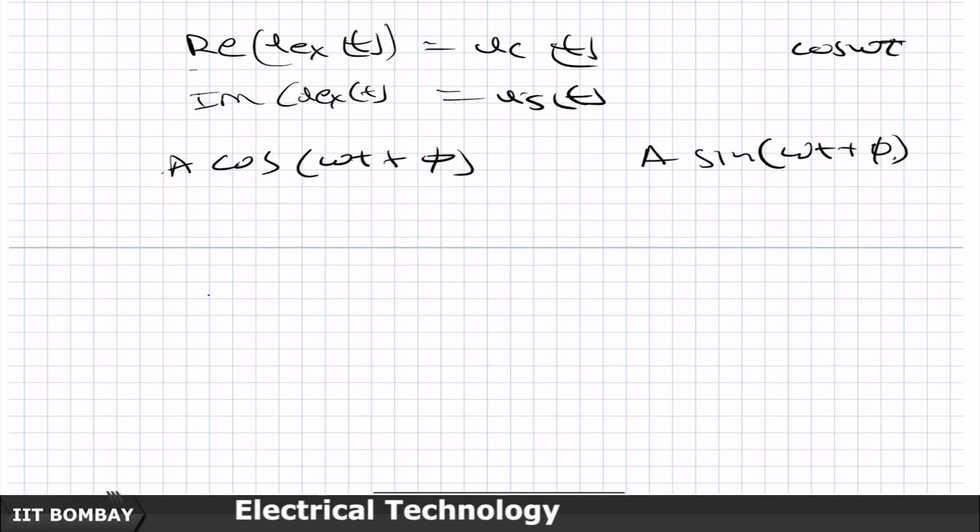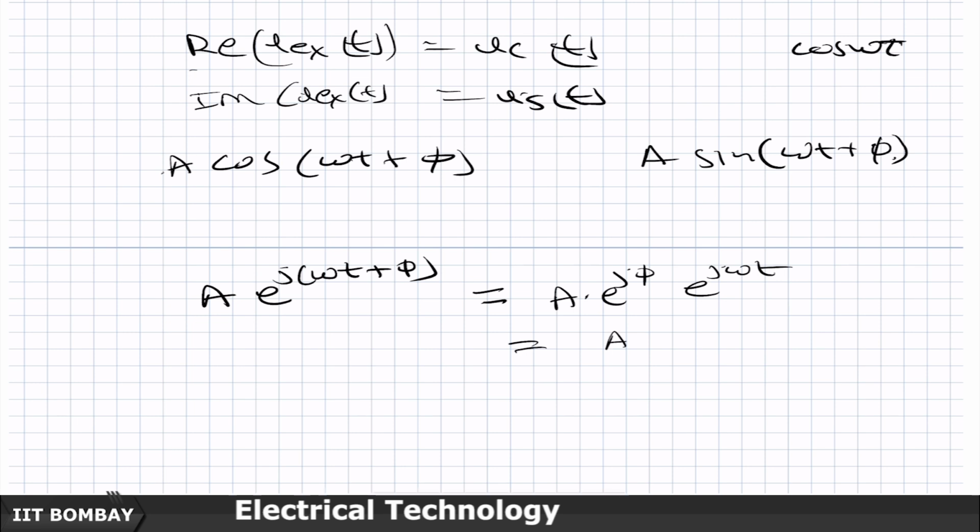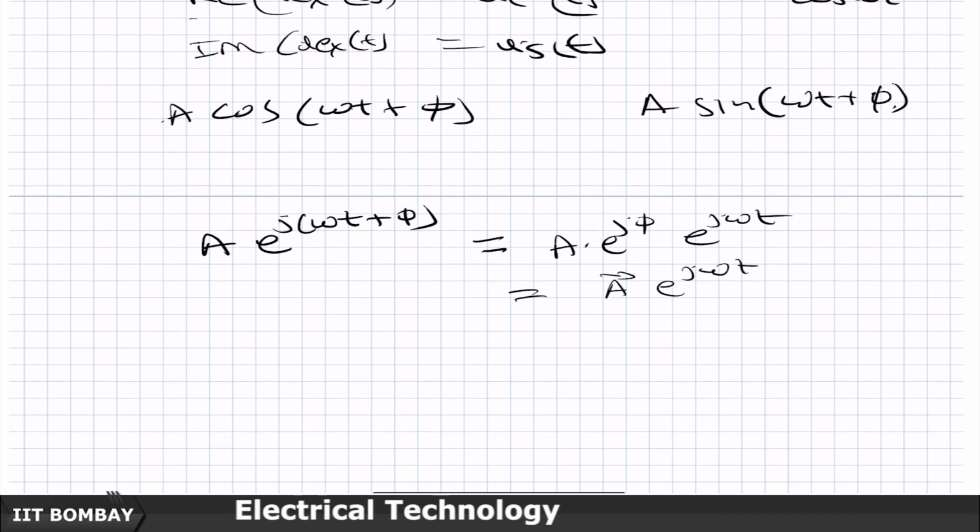In that case, you look at the exponential e to the power j times (omega t plus phi). Write this as e to the power j phi into e to the power j omega t, which is nothing but A bar times e to the power j omega t.